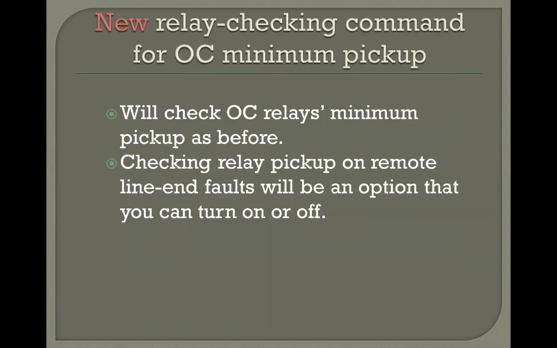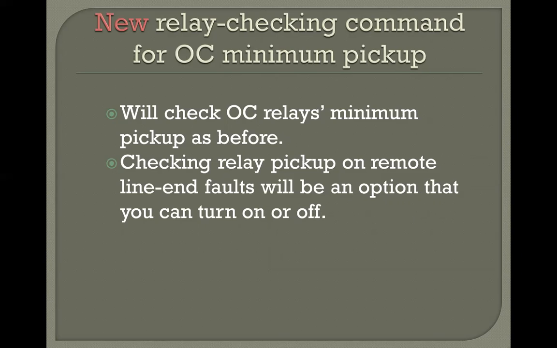Okay, the first new one, and actually a few new functions, I should say, is the relay checking function for overcurrent minimum pickup. The algorithm will be exactly the same as before, except we will make the checking of relay pickup on remote line end faults an option that you can turn on and off.